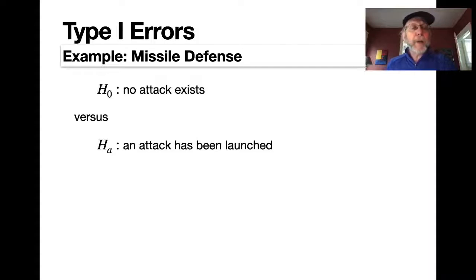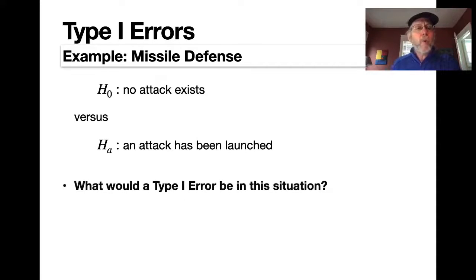Now, given these two hypotheses, what would a type 1 error be in this situation? Well, remember, a type 1 error is the error of falsely rejecting the null hypothesis. That is, the null hypothesis is true, and yet you reject it.